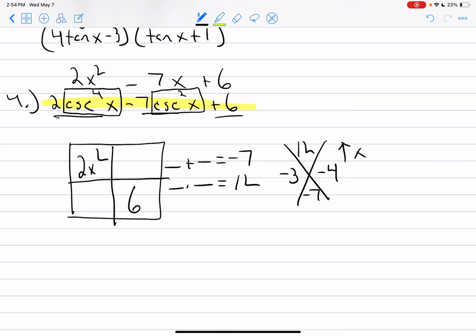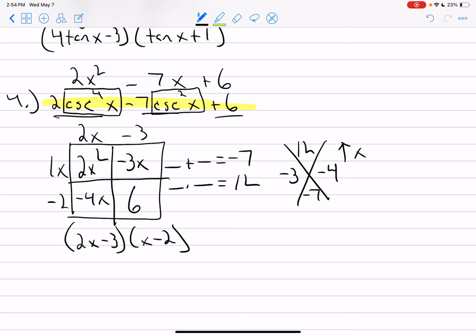Negative 3x, negative 4x. The 2 has to go here, the 1 has to go here. That's minus 3. This is minus 2. Negative 3 times negative 2 is positive 6. I'm looking good. So I end up with 2x minus 3 times x minus 2.